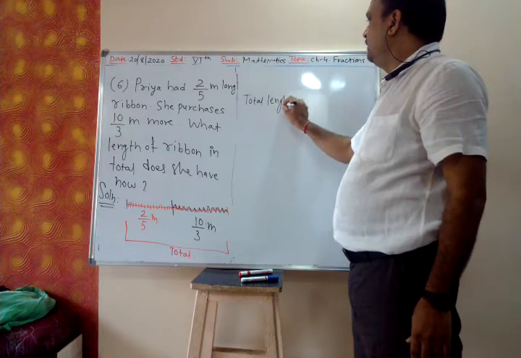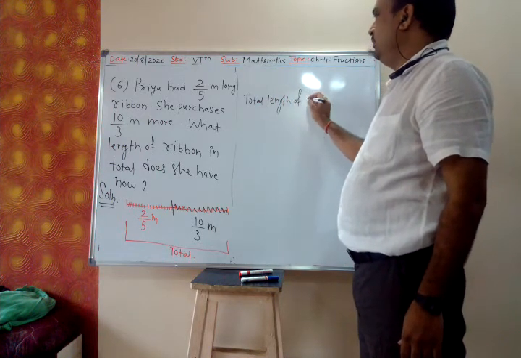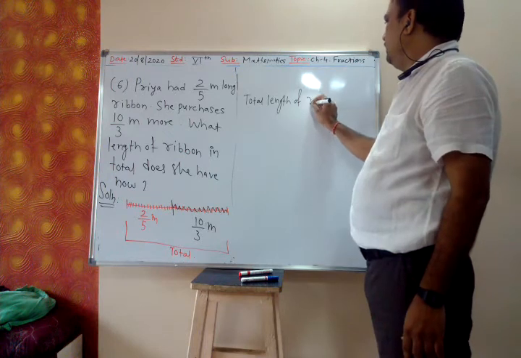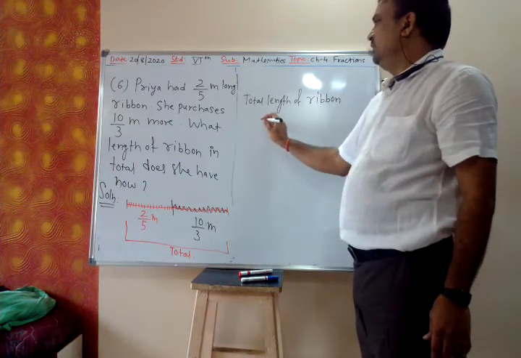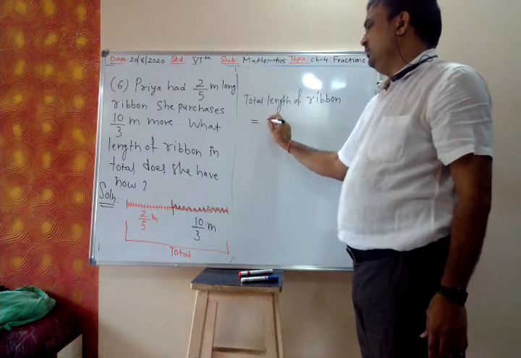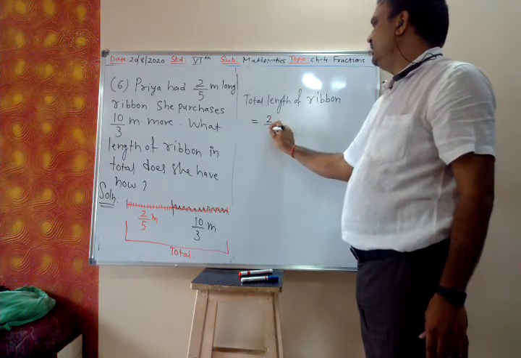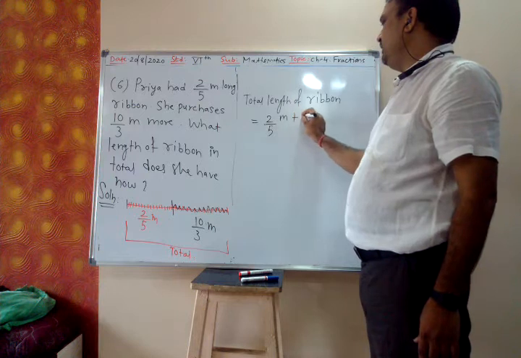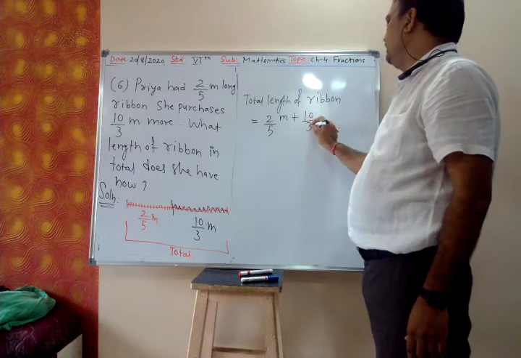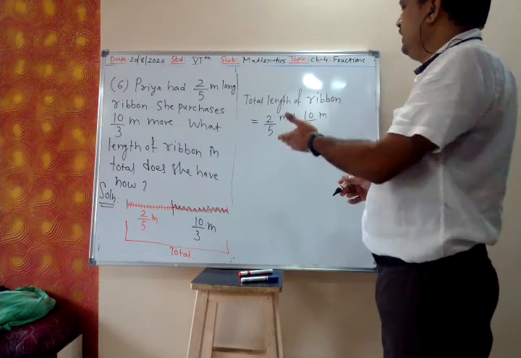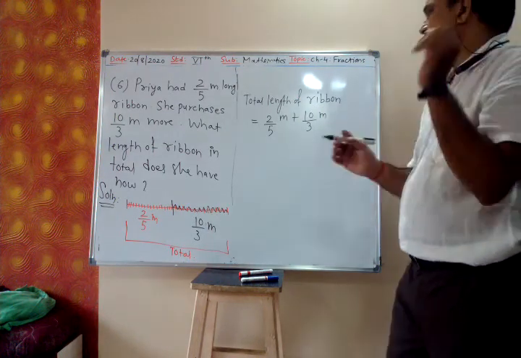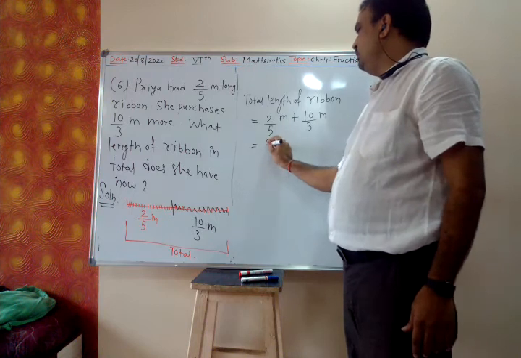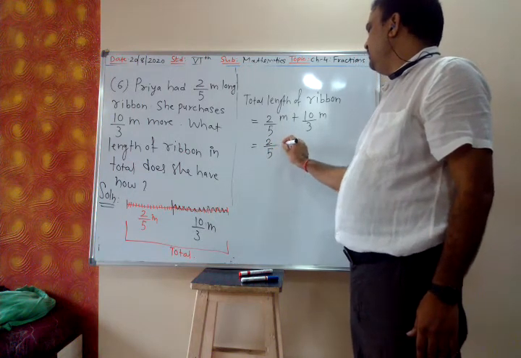Total length of the ribbon is equal to 2 by 5 meter plus 10 by 3 meter. So now 2 by 5 plus 10 by 3.